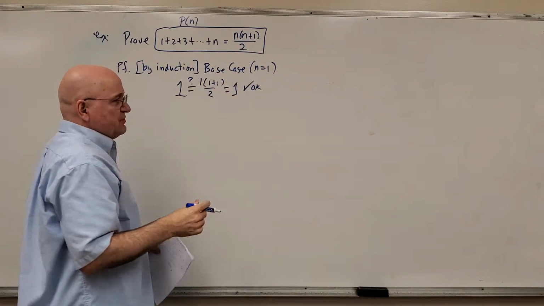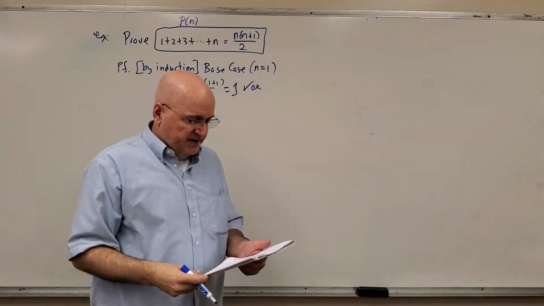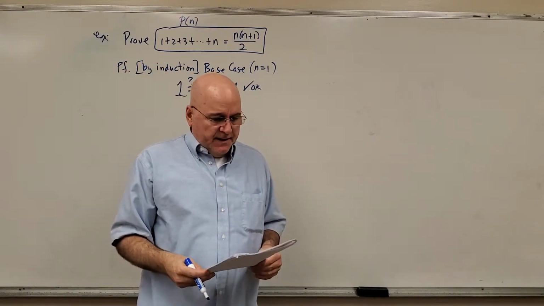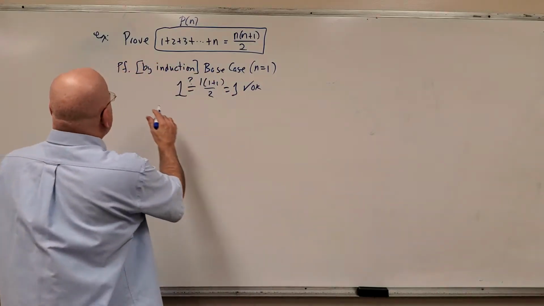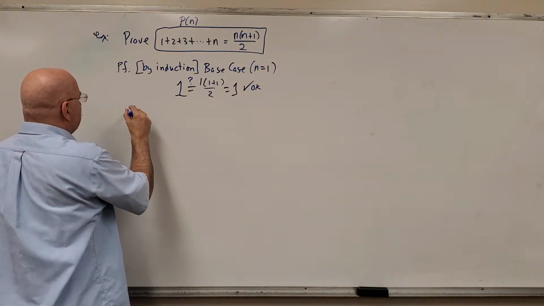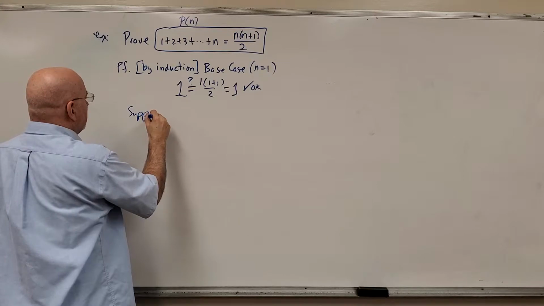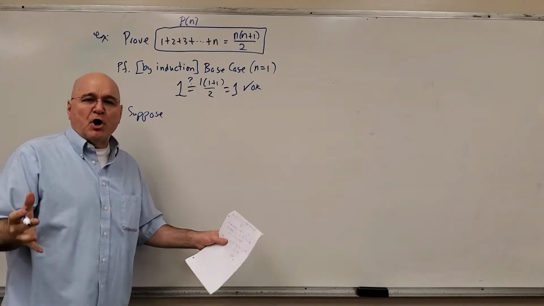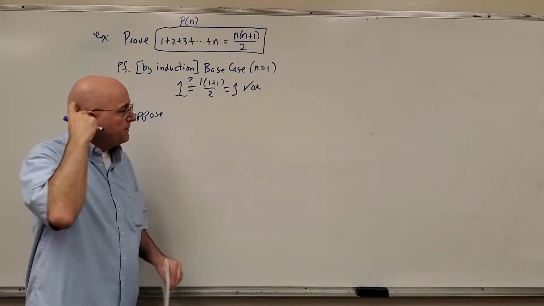Now we will move on to what we call the induction hypothesis, the inductive assumption, where we are going to say, suppose that P_k is true for some arbitrary natural number k.